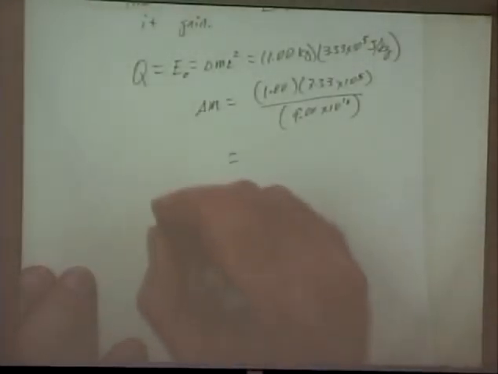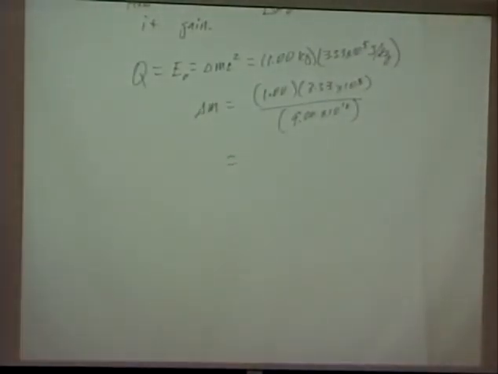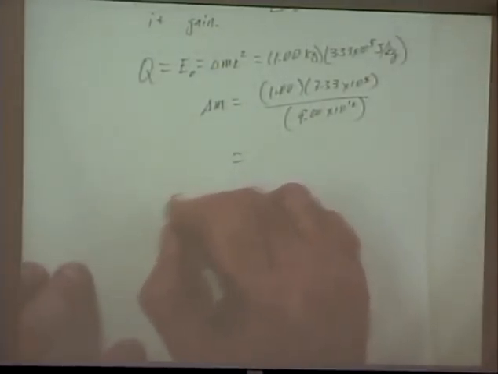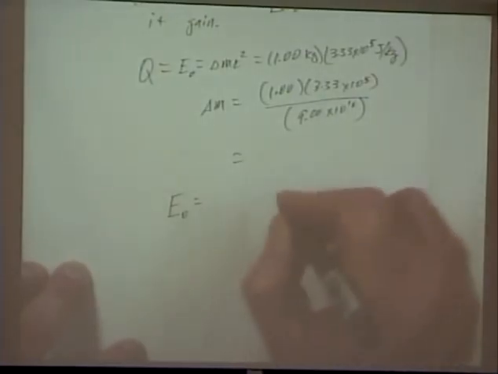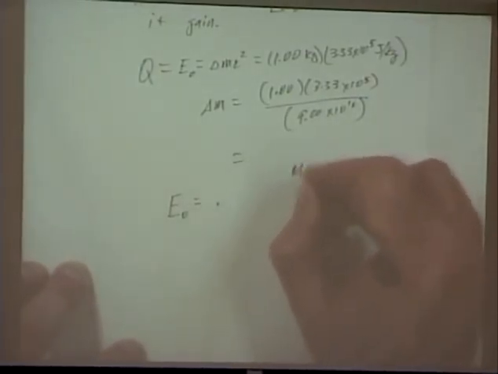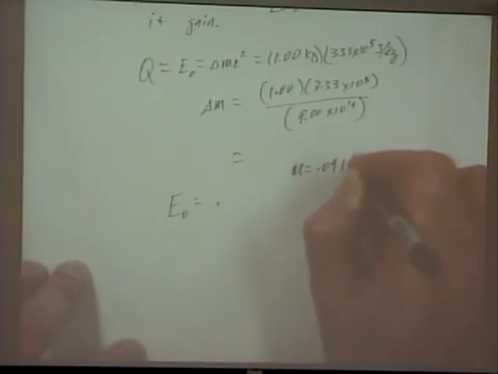But anyway, let's figure out. This is kind of the scary part. Let's see how much energy, just rest energy, is in a golf ball. It's got a mass of 0.045 kilograms.